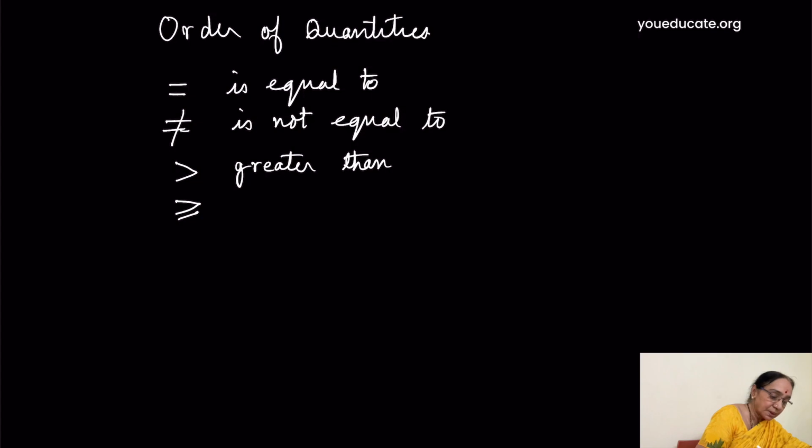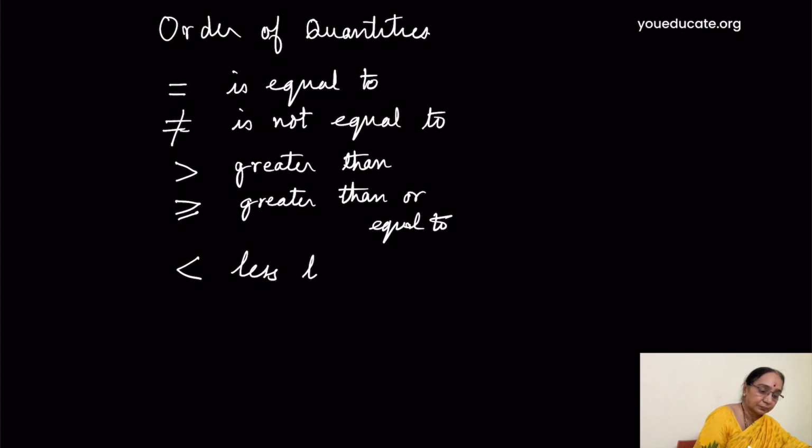And when I put this line below that greater than symbol, it is greater than or equal to. So it can be greater than, it can be equal to as well. Similarly, less than or equal to.